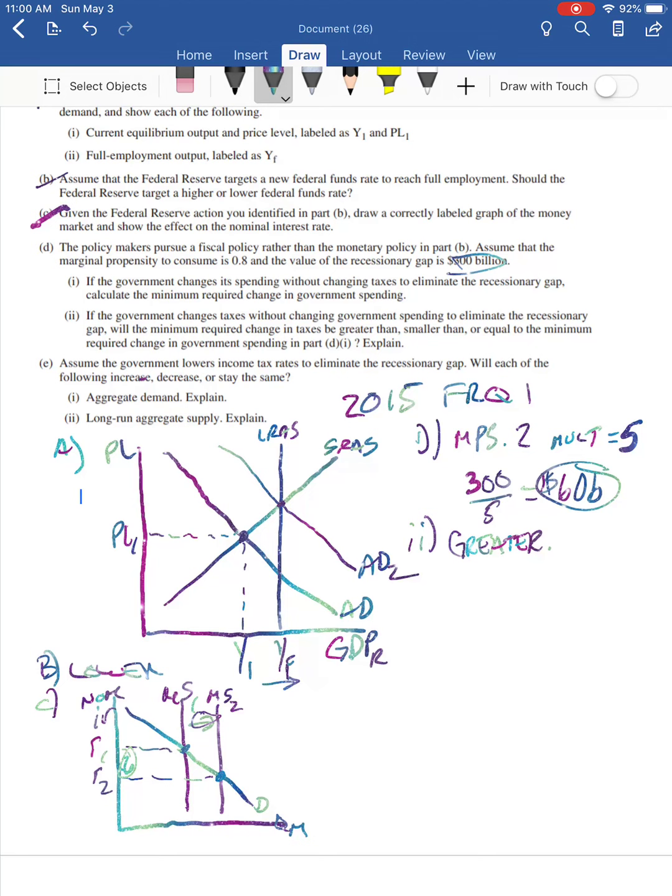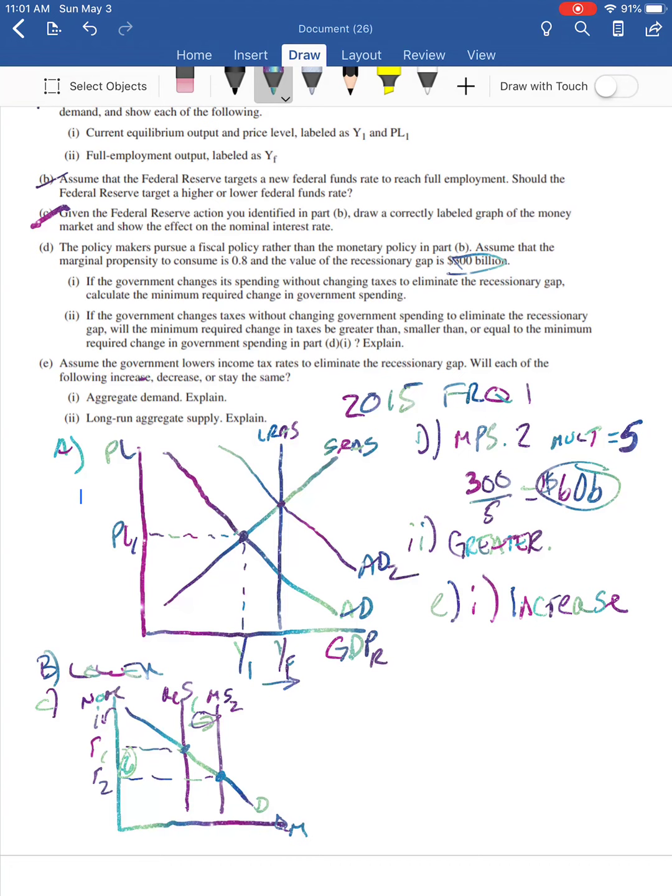And that shift to the right, how we would answer that would be aggregate demand would increase. So for E1, we would say that it's going to increase. And the explanation is because there'll be an increase in consumption and or investment spending with the stimulus that happens.